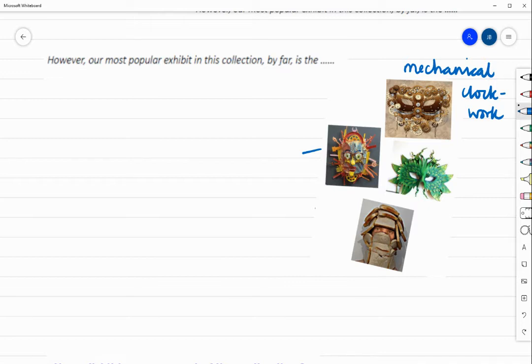I'm going to go with discarded board game pieces, or the mask made from. So I'm just going to put made from. The mask made from discarded board game pieces. This one here, I've got some leaves.